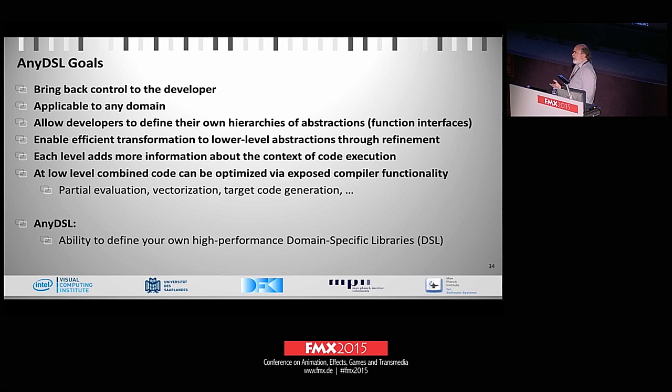So what are the goals of AnyDSL more specifically? The main goal is to give control back to programmers. Right now, you have some arbitrary code sitting in the compiler, looking at your code and making decisions about what it thinks is the best way to map a special construct to whatever hardware the compiler is compiling for. You don't really get a lot of choice there or a way to tell the compiler what to do.